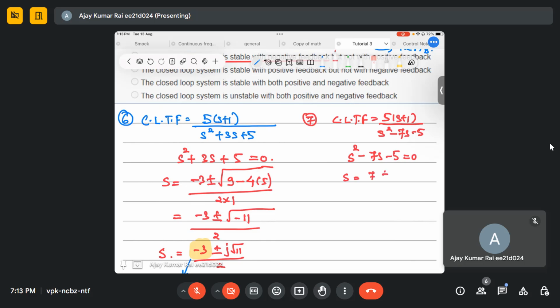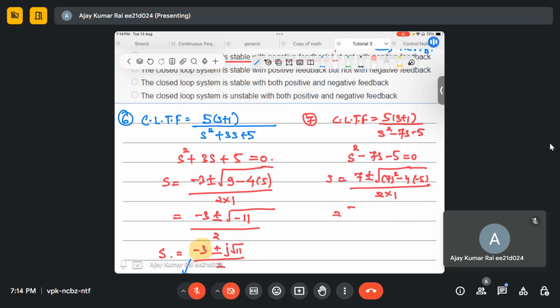Okay, s equals 7 plus minus the square root of b square, which is 7 square minus 4 into minus 5, divided by 2 into 1.